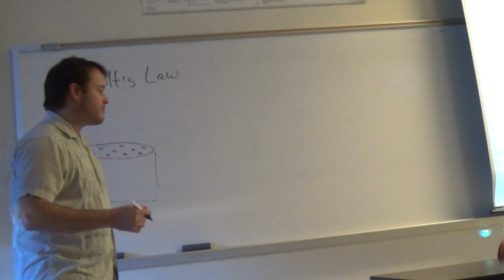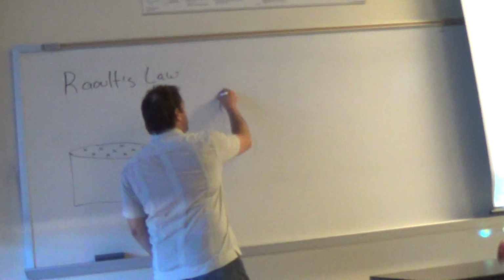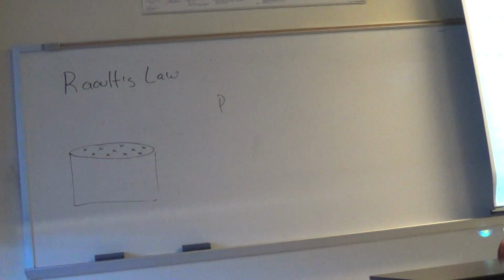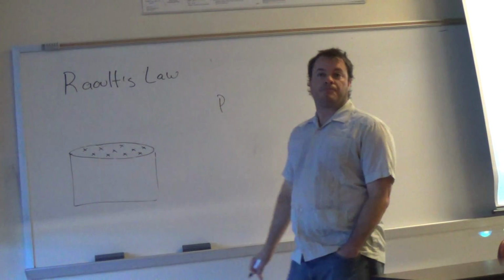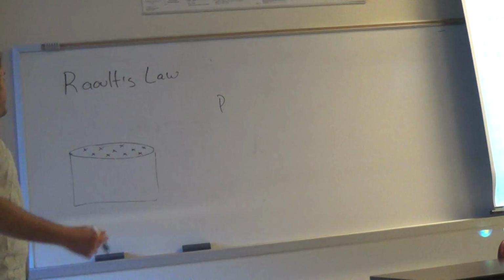What Raoult found was that the pressure that is exerted by any component in these systems, for the most part, for most systems, was equal to its mole fraction times the pressure that would be exerted by the pure substance. If you look at this image, you can kind of see why that might be the case.